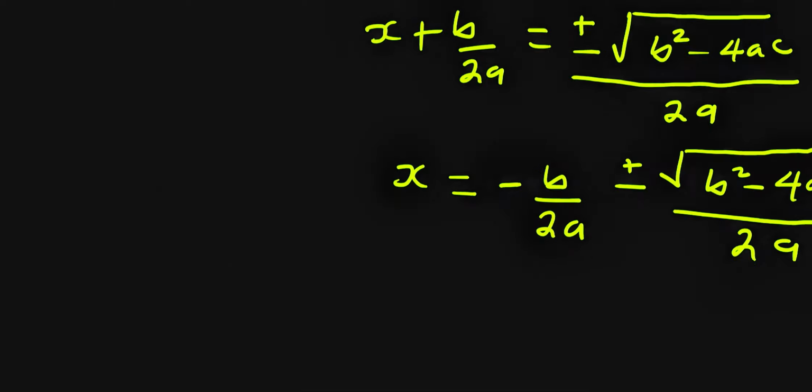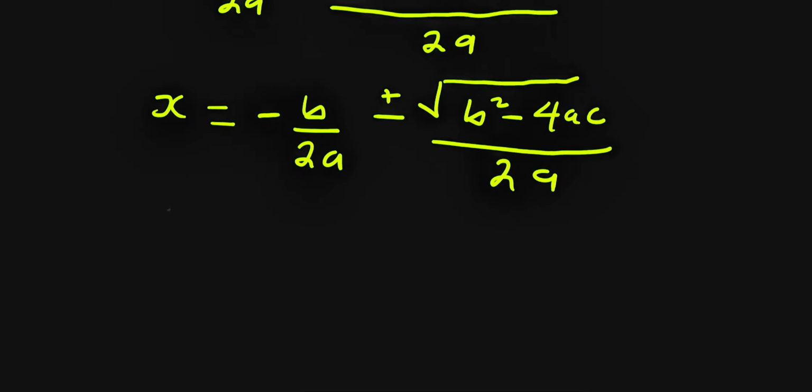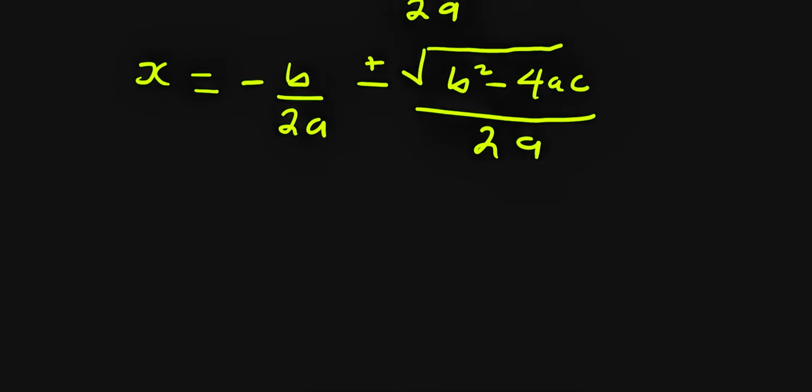If you're keen enough, you'll see that both of the denominators in these two terms are the same. It is 2a, 2a. So we can as well put the whole combination over a common denominator.